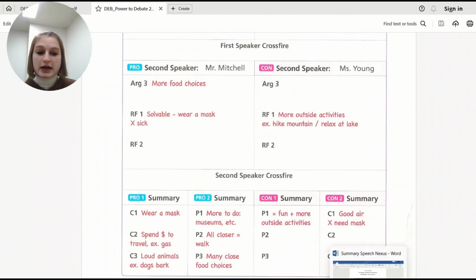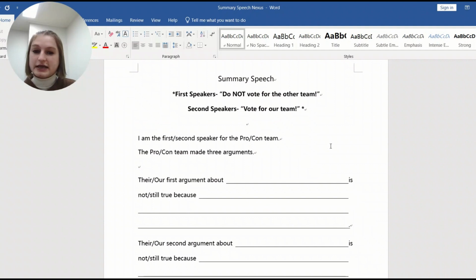So this is what I give my classes. I give my classes these summary speeches to kind of help and fill it out. And again, you may have a different teacher and they may give you something different, but this is what I kind of give. So again, the first speakers for summary speech Honors 2, the first speakers always write why we should not vote for the other team, why the other team's arguments are wrong.